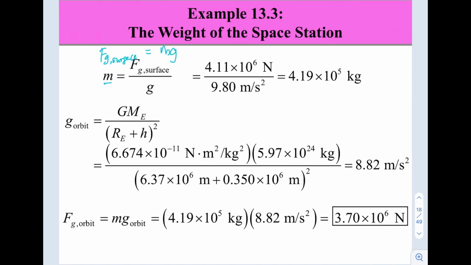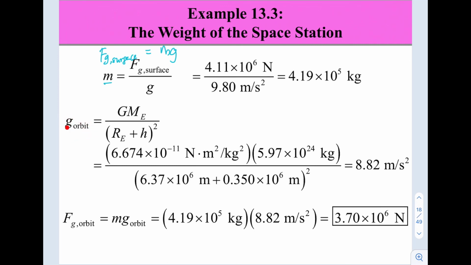What is the weight of the space station as it moves in its orbit? We know the weight on the Earth's surface for the space station is equivalent to mg. From here, deduce firstly the m of the space station by making use of the g at the Earth's surface, so 4.19 × 10^5 kilogram of mass for the space station.